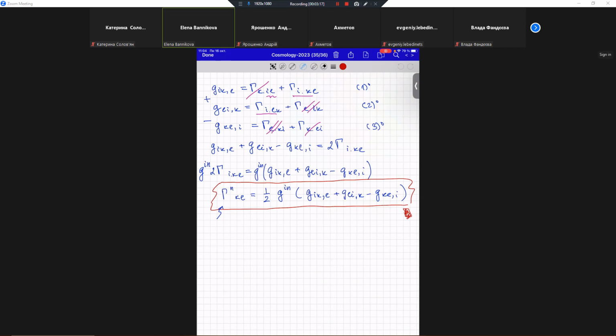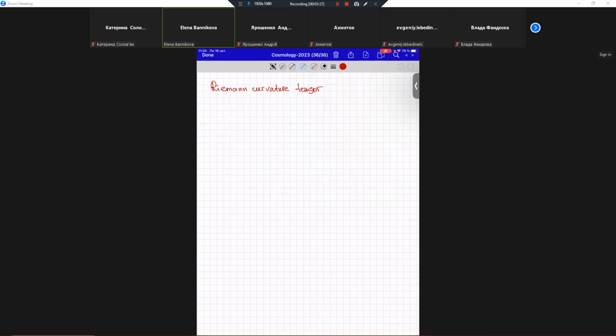We will consider and find the components of Christoffel symbols for some simple case, and after this you will get a homework task to obtain the Christoffel symbols for other cases. But I hope we will have time at the end of this lecture, so I will consider it a little later. And now we will concentrate on this new object, the Riemann curvature tensor.